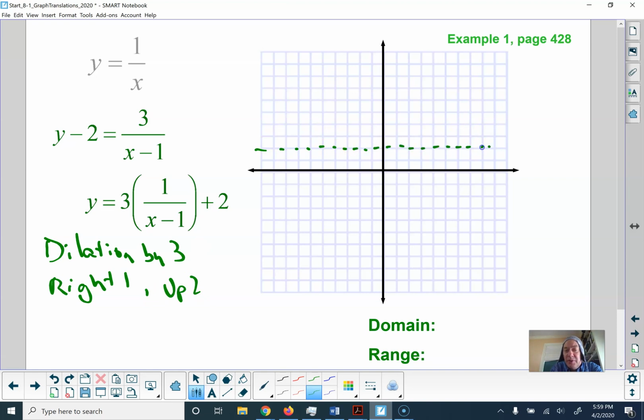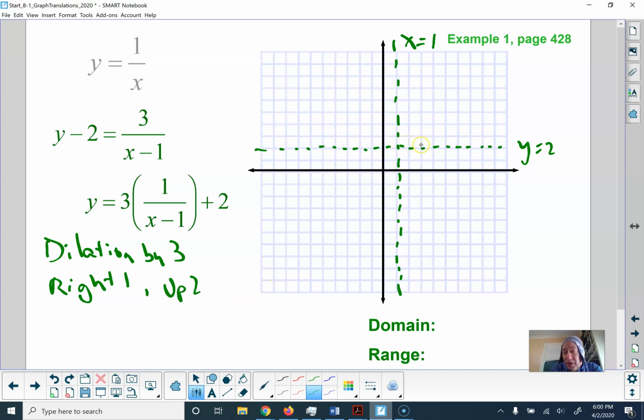So, start with the asymptotes again. Up 2, the asymptote y equals 2. Right 1, the asymptote x equals 1. Now, we have a dilation by 3, and the way you'll take that into account is normally, instead of going 1, 1, if it was 3, you're looking for numbers that multiply to 3: 3 and 1, 1 and 3.